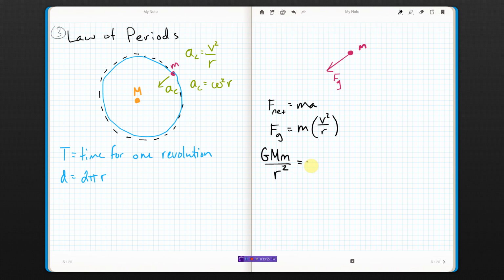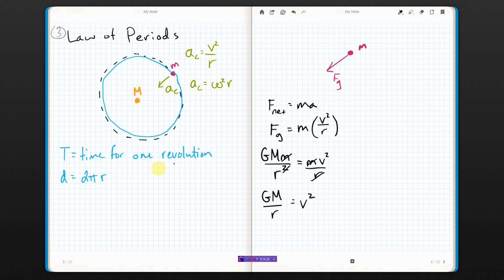Notice one of those r's goes away, and the m's go away too. So what I end up with is GM over r equals v squared. That's all well and good.